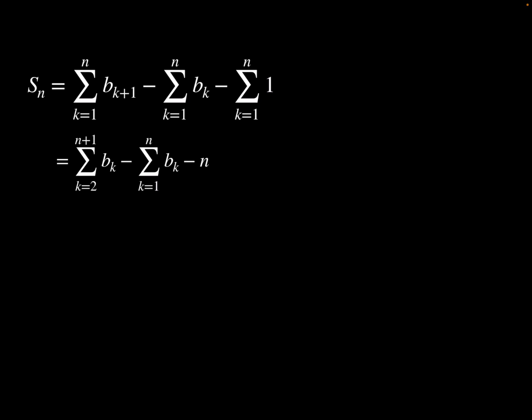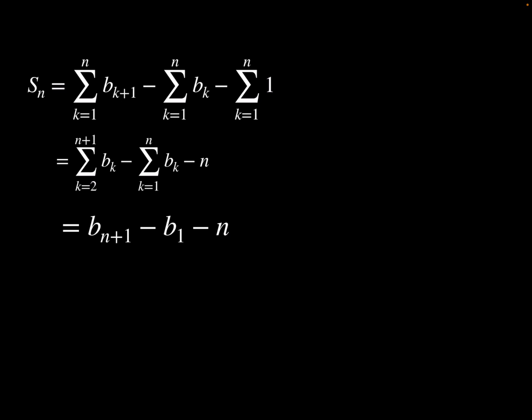Okay, now let's look at the two sums that remain. Now these two sums have everything in common except for b sub n plus 1 and b sub 1. So those are the only terms that will be remaining after subtracting. So we get that s sub n is equal to b sub n plus 1 minus b sub 1 minus n.